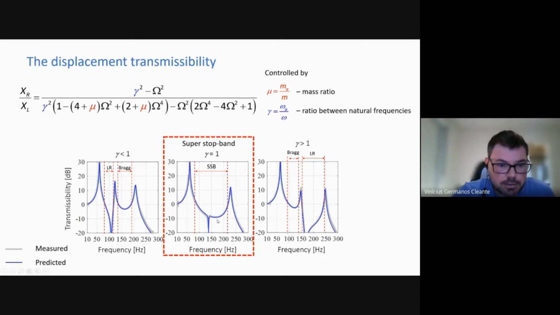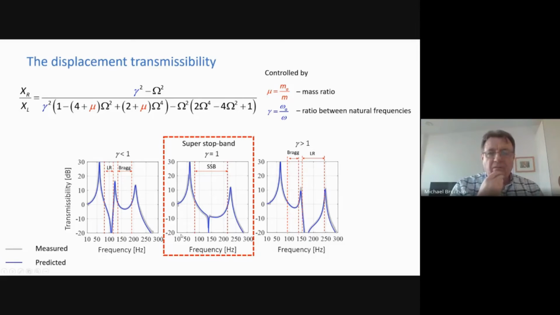This value here occurs because of the damping on the structure. But if the absorber is not correctly tuned, we have a small difference, and then a peak can occur. So we are trying to investigate ways to make this tuning more robust and avoid a peak occurring inside the super stop band.